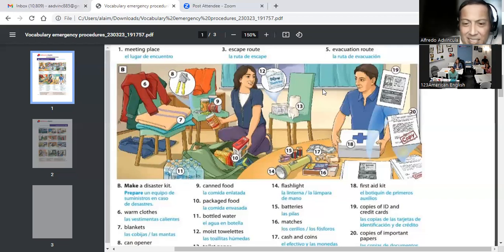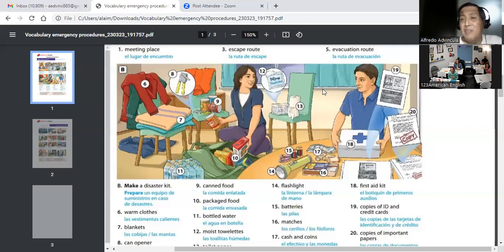It's very important, those things, matches, because usually we have less gas, less power, and we can make a fire to cook.